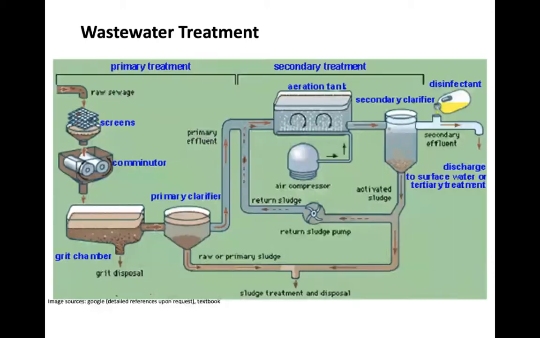So here I also have a schematic diagram that's showing this wastewater treatment process. So basically, it starts with the raw sewage, right? You can use the bar screens or typical screens to remove the larger solids. And then for some wastewater treatment plants, they also use the comminutor. What the comminutor does is basically break down the relatively large chunks of solids into grits, into smaller or medium-sized solids.